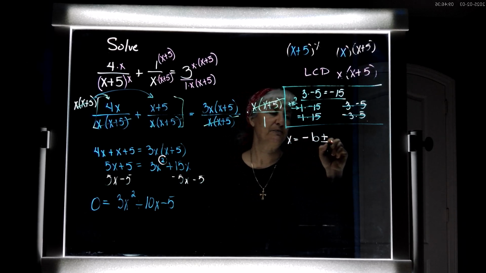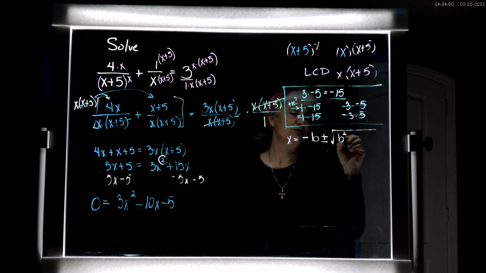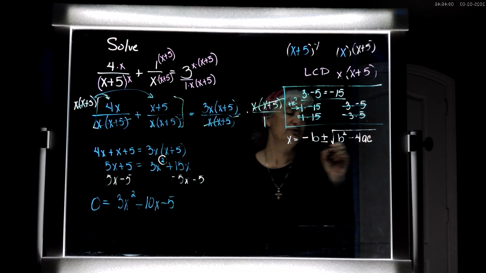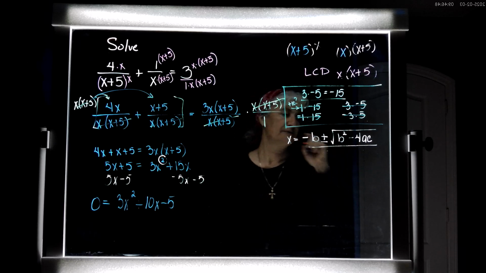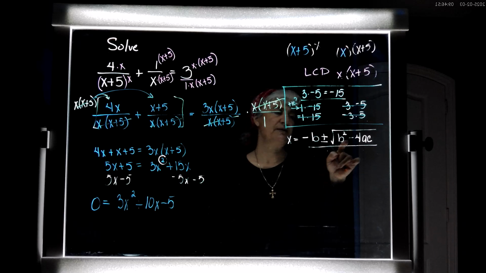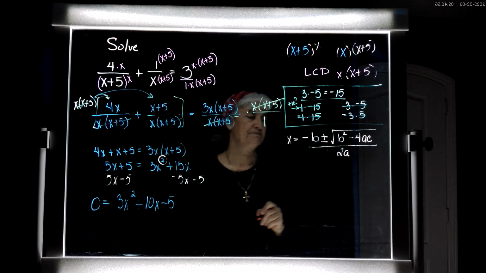And if you're like, I don't remember it, well, gratefully I do. So I remember it as the opposite of b plus or minus the square root of b squared minus 4ac all over 2a.